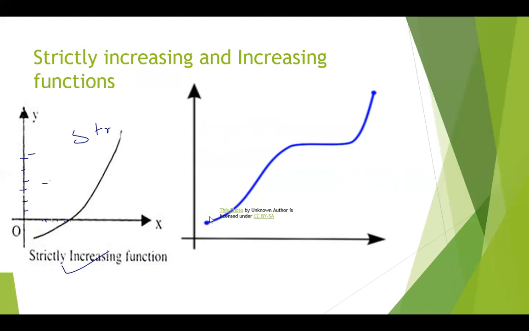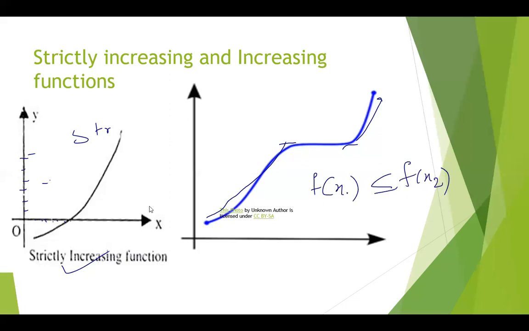Whereas this function is also in the increasing mode, but at this point and at this point, there is a flatness. There is a flatness, which means the curve becomes stationary. After that, it is again in the increasing mode. So this is also an increasing function, but we cannot say it is a strictly increasing function. We can just say it is an increasing function. In such cases, f of x1 may sometimes be less than or equal to f of x2.